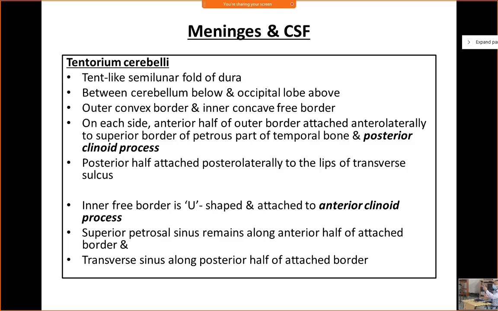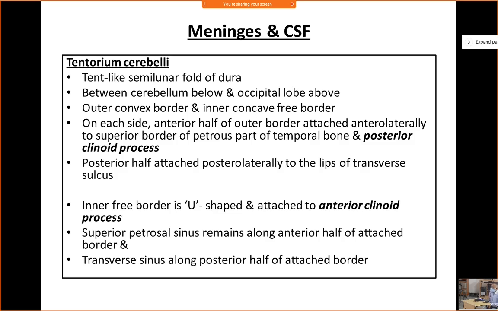When some structure is attached to this concave area, that structure will definitely be convex. So there is an outer convex border and an inner concave free border. The attached border is attached to the bone, while the free border is free, because our medulla oblongata has to come through this free border.